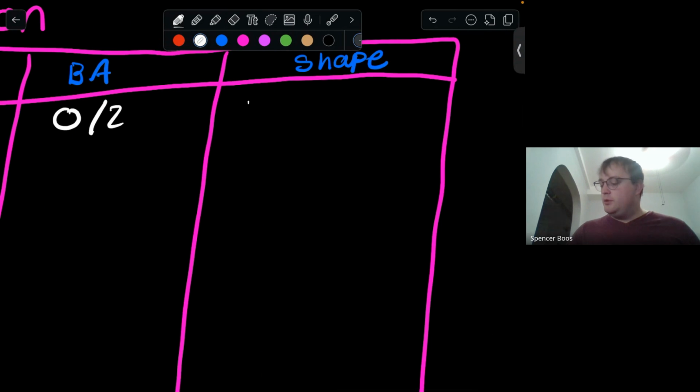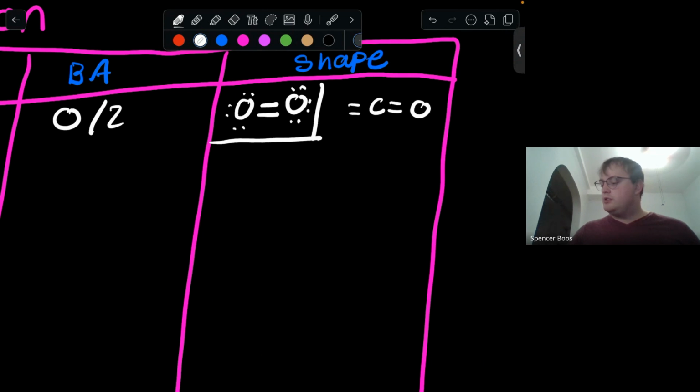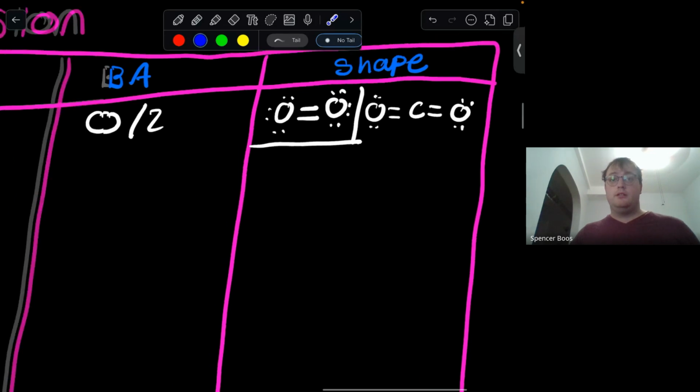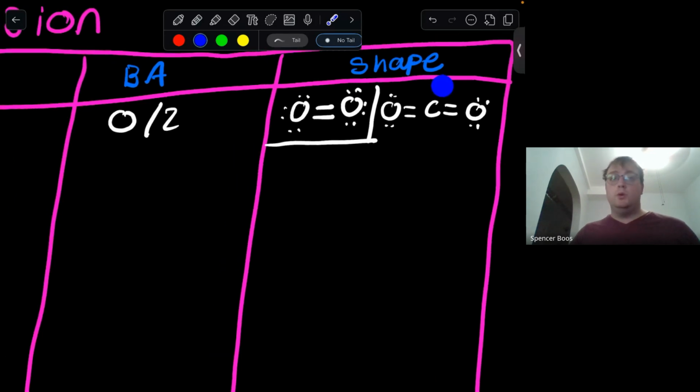So an example would be, right, if we have oxygen and oxygen, just nice flat. Another good example, we've got C with the O next to it. If we locate here at the bottom of the C, there's no lone pairs. Neither up here, no lone pairs. So there are no lone pairs on this carbon.